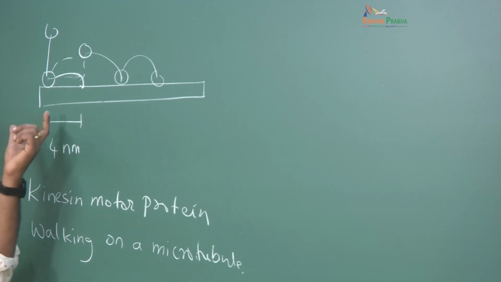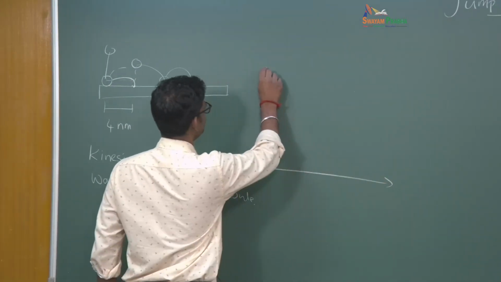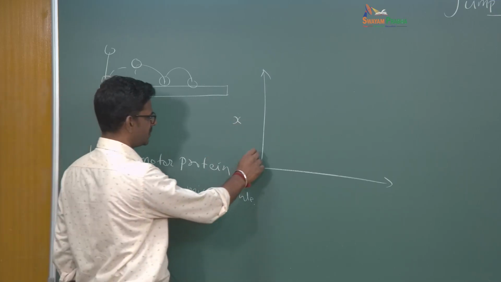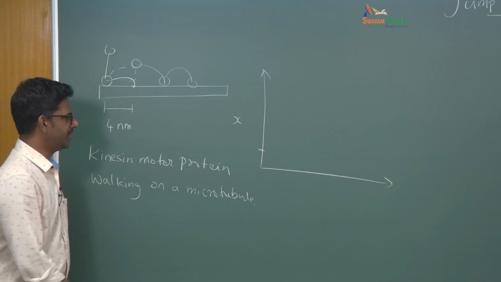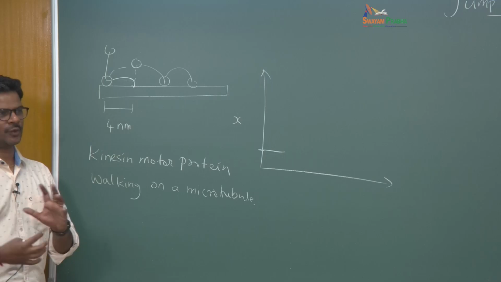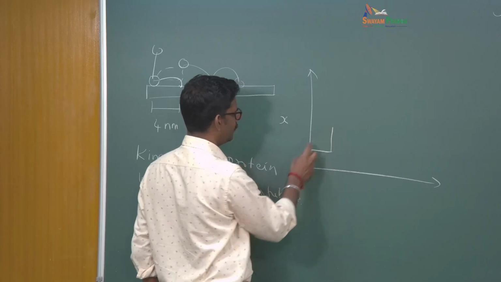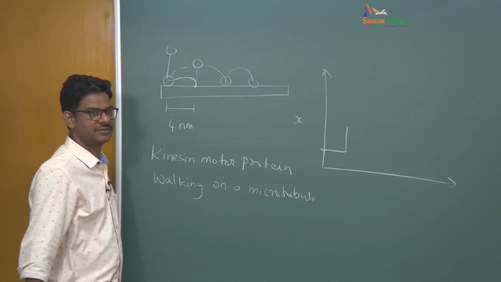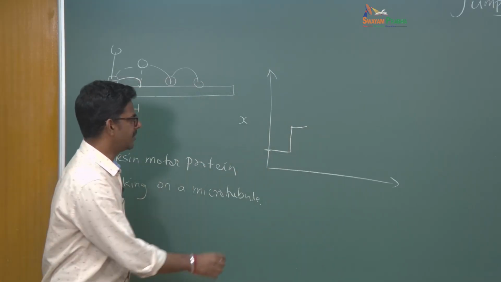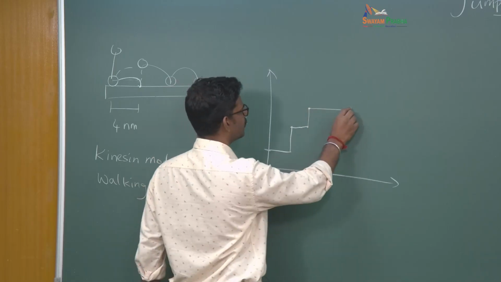So when you look at the measurements, you will see the position of this motor protein, if I call that X, it starts from somewhere here, and then you will see that its position remains constant over a period of time, because there is a time for which the molecule will have to undergo some sort of conformational changes, and then it makes a step change of unit length which is about 4 nanometer, okay, and then it spends some time here and then takes another step somewhere here and then spends another time and then it just keeps going.